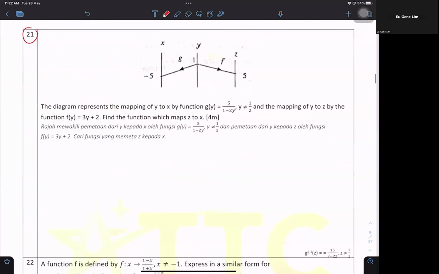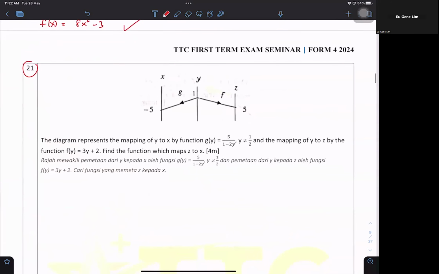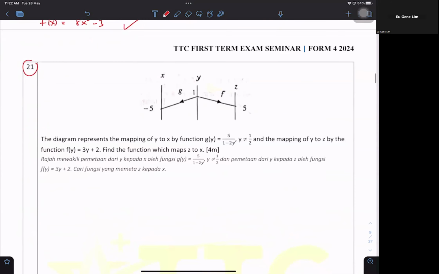Okay, continue. Question 21. Diagram represent. They give us the function already. Very good. So here is g. Another one, f. But I tell you what, I don't like y.